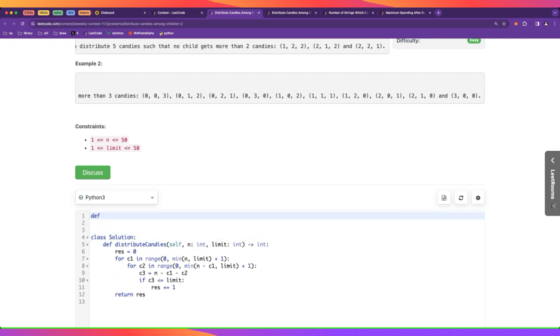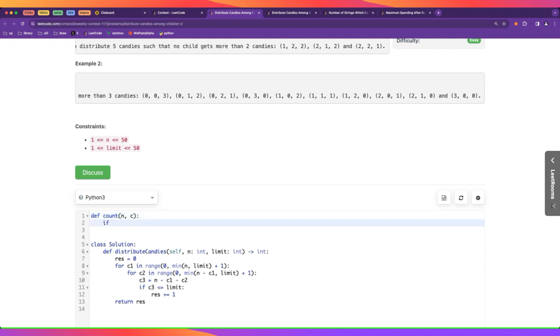So we could count, and we could have a recursive function. And we're given the amount of candies and the amount of children that we want to distribute it to.